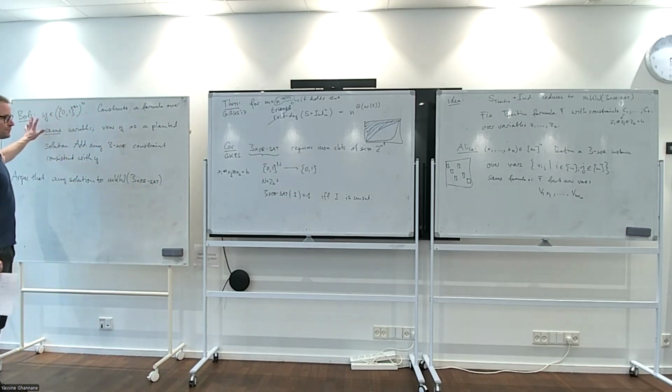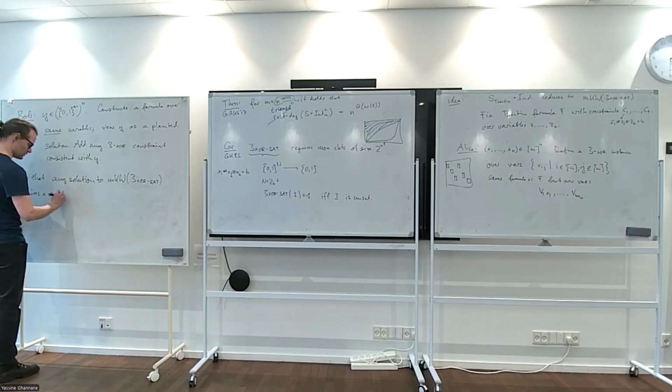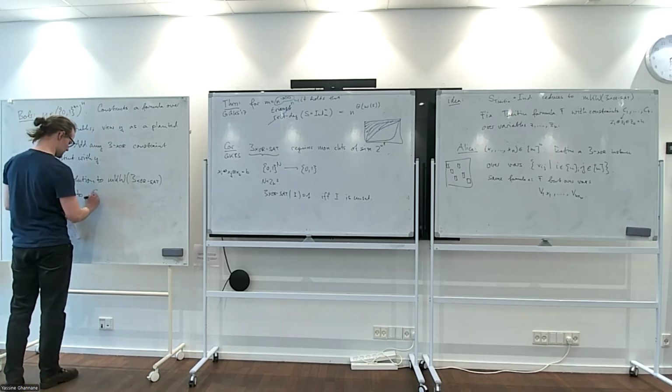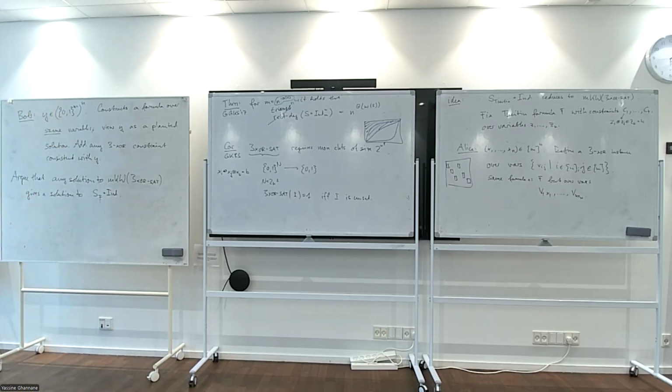On these inputs that Alice and Bob created independently, gives a solution to, I guess, the search version of Tseitin, or let's just call it S sub F, composed with index. Okay. It's going to be very quick.